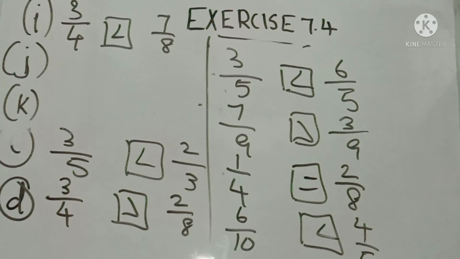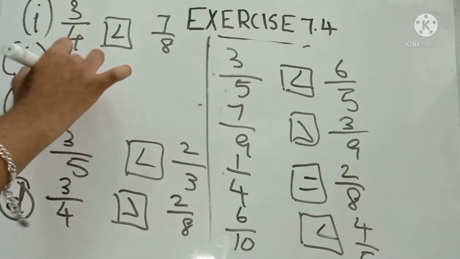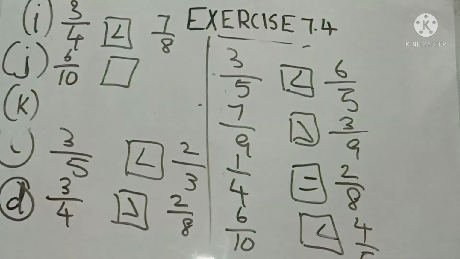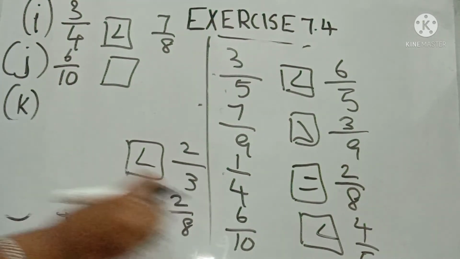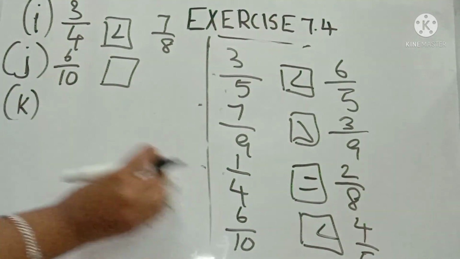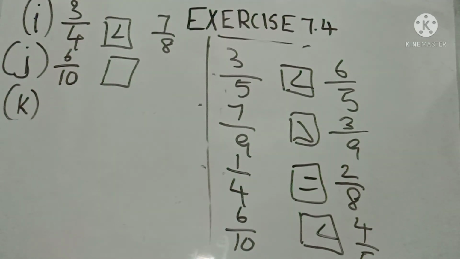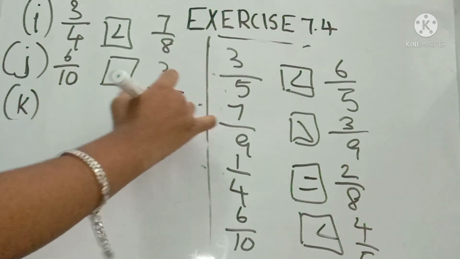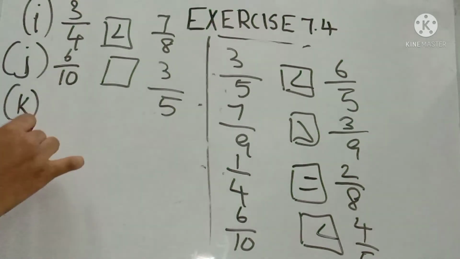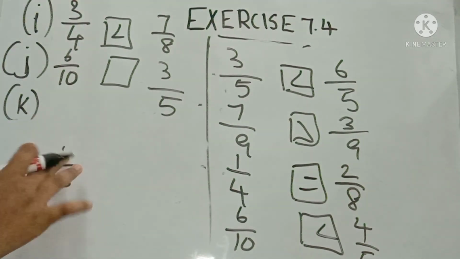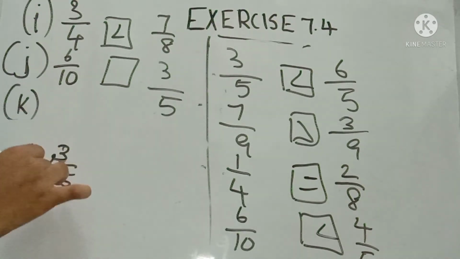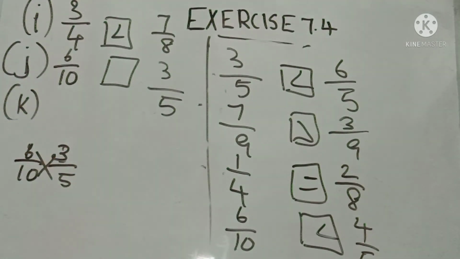So the J question is 6 by 10 and 3 by 5. 6 5s are 30. They are equal, okay. 10 3s are also 30.